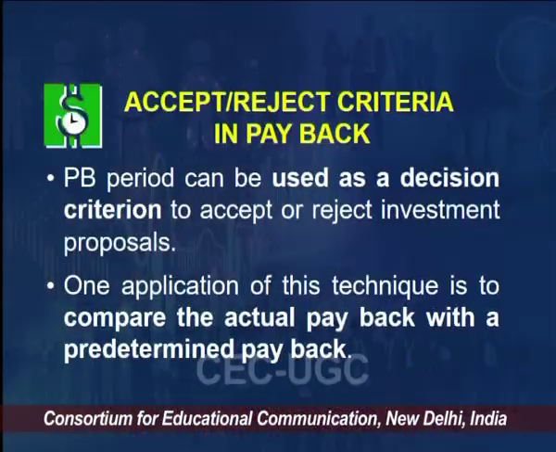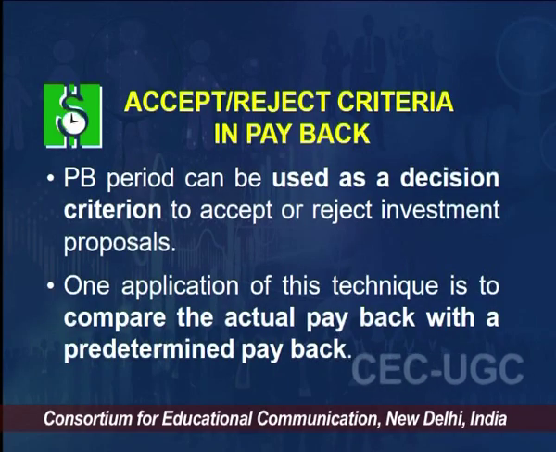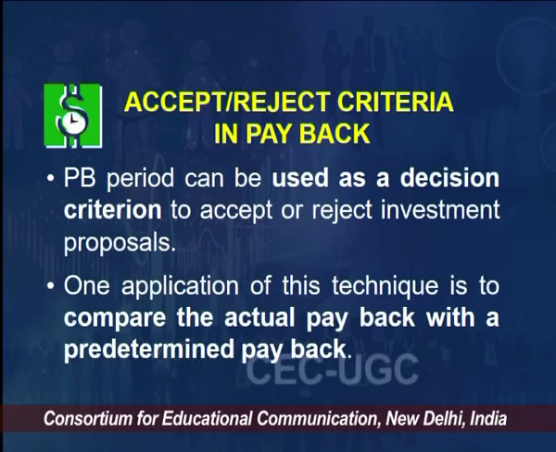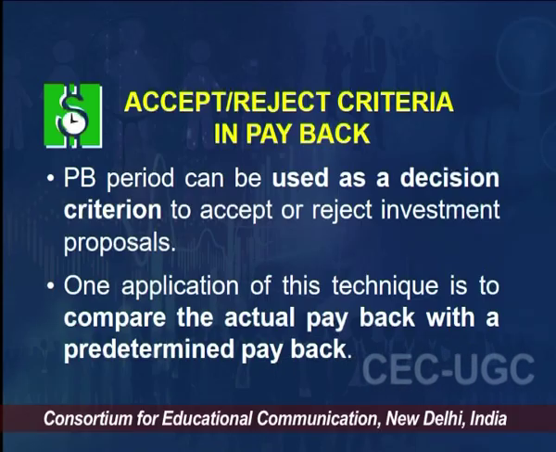So what would be the accept reject criteria in the payback method? The payback period can be used as a decision criterion to accept or reject an investment proposal. One application of this technique is to compare the actual payback with the predetermined payback, right? We got 2.5 years as the actual in this example.